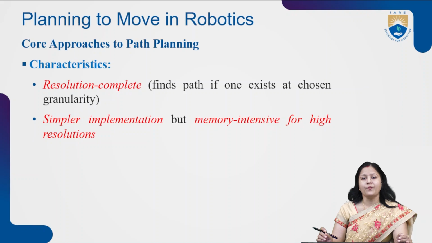It has a simpler implementation, but is memory intensive for high resolutions. Implementation is very easy because it is just connecting the free spaces available in the configuration space, but it may consume more memory for high resolution tasks.